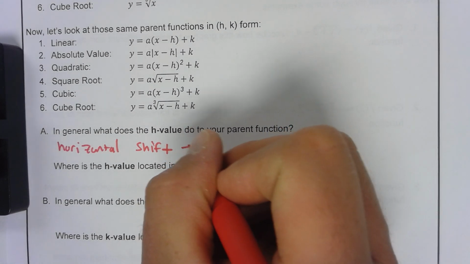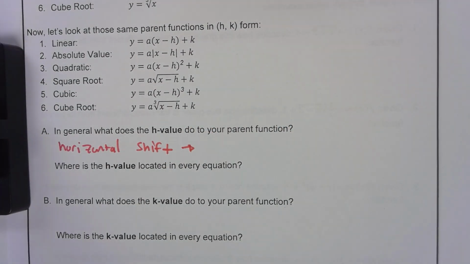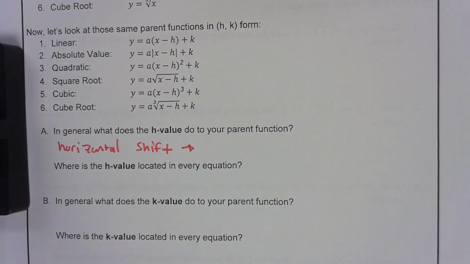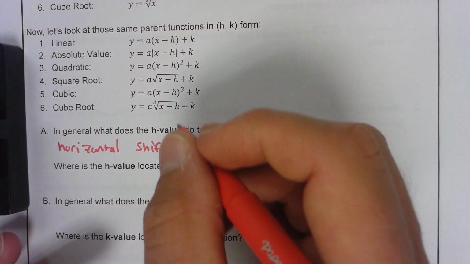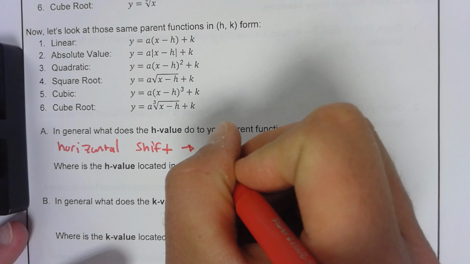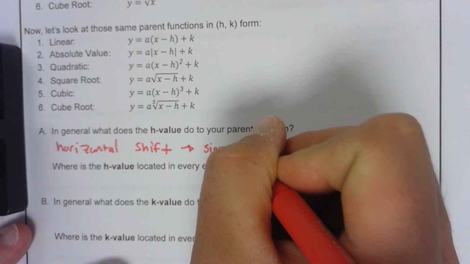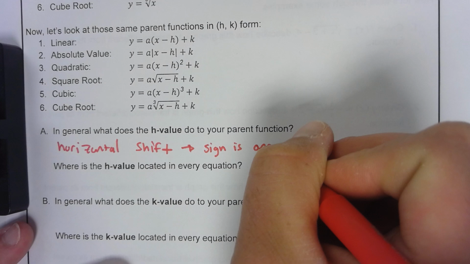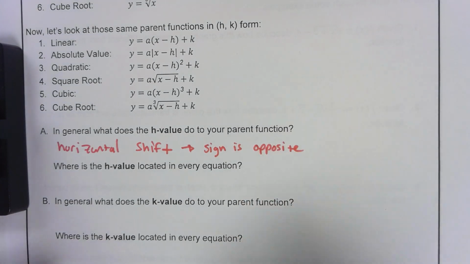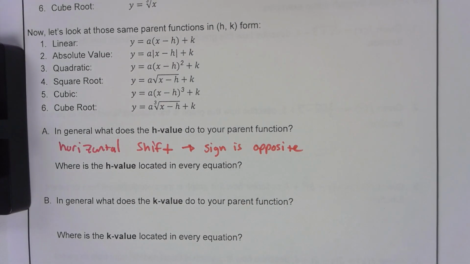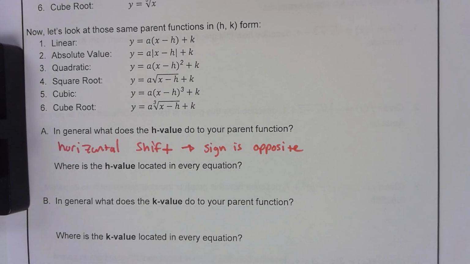Remember that the sign that we see in the equation is opposite from the shift that we're going to do. So we need to make a note that the sign is opposite. You'll see what I mean when we actually start identifying some of the transformations shortly.